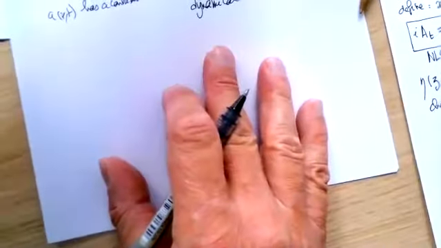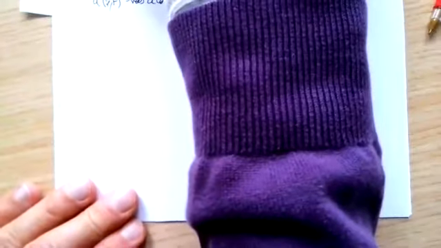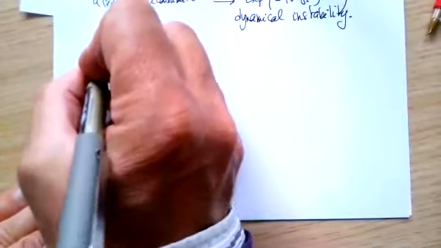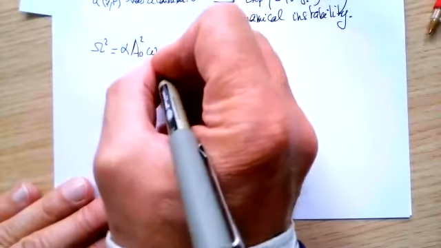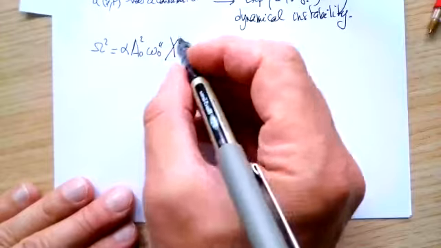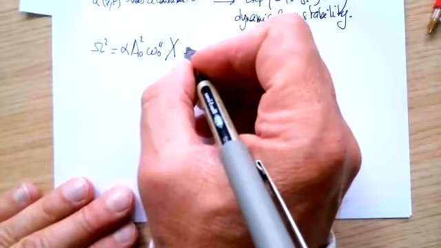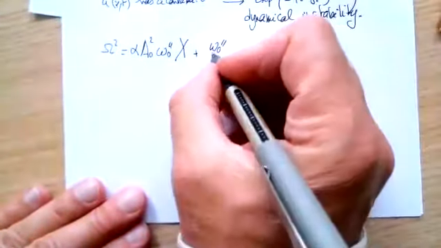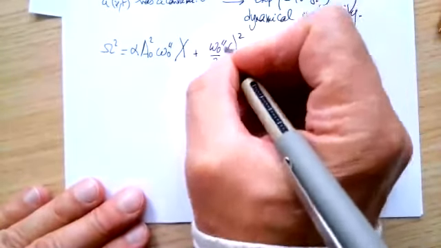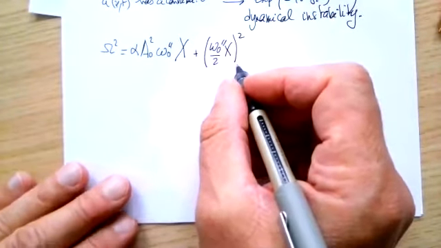One has omega squared equal to alpha x, where x is q squared, plus something times x squared.